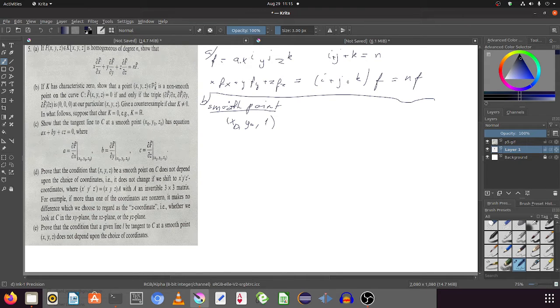So if we have the equation like this, that's our f tilde.